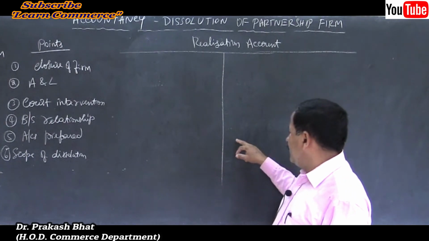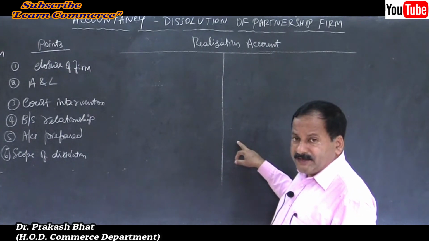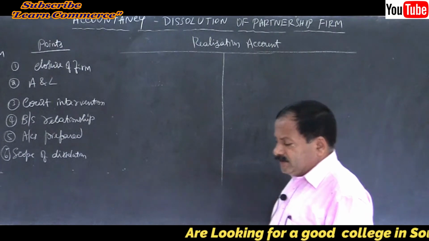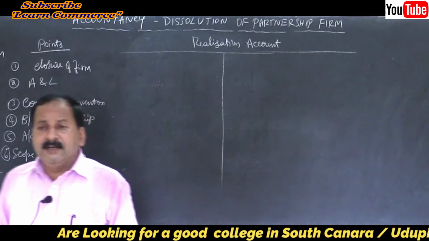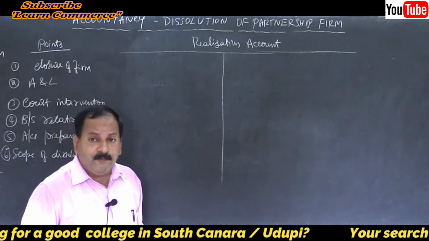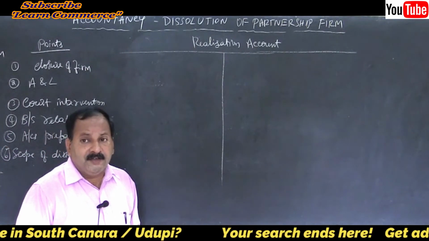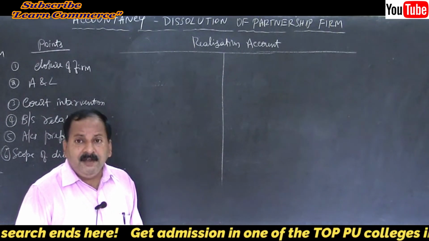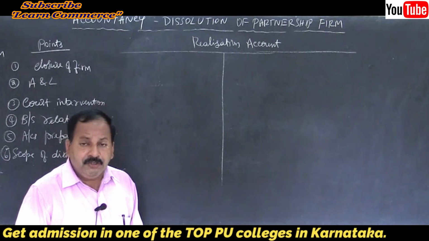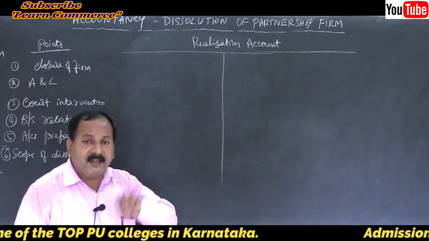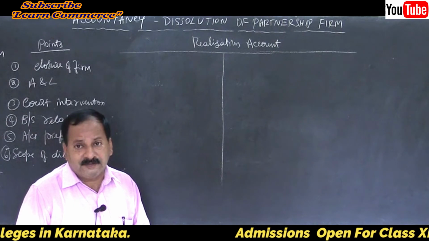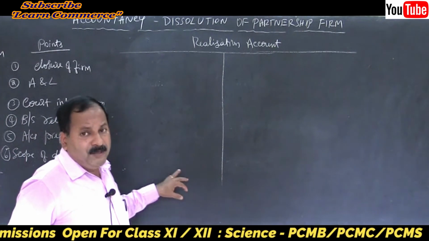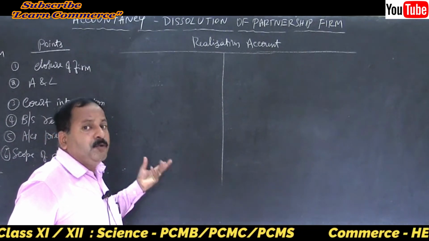So, you will write here: by A's capital account, furniture taken over. If creditors are taken over by a partner, it means the firm was supposed to pay 10,000 to the creditors, but now a partner has agreed to make payment of the amount payable to the creditors. Then you have to pass a journal entry, because the partner has accepted to make payment.